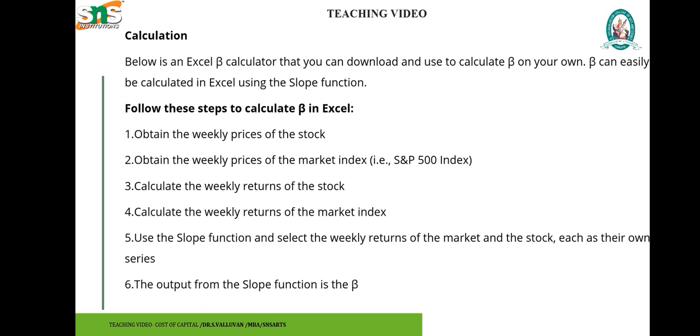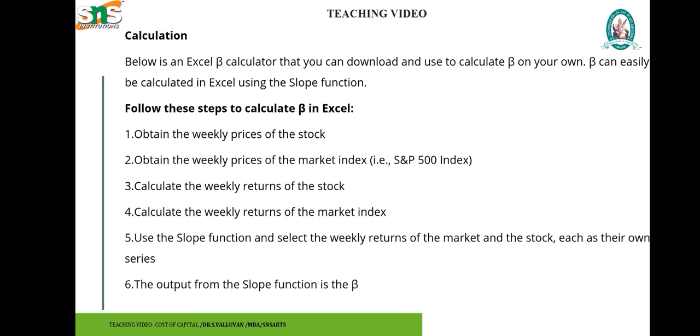Then collect the weekly prices of the market index. In the slides we have given the example of the S&P 500 index. In the Indian market you can go for Nifty or Sensex. Then calculate the weekly returns of Tata Motors. Then calculate the weekly returns of the market index.